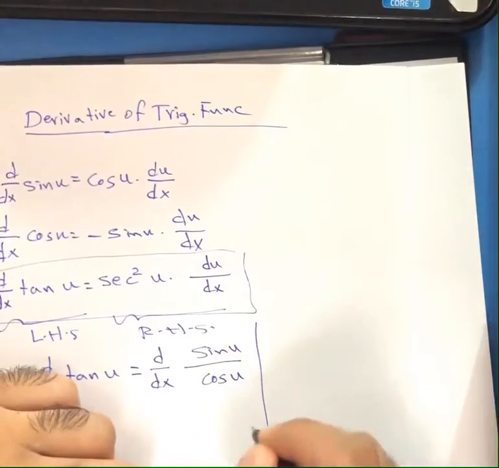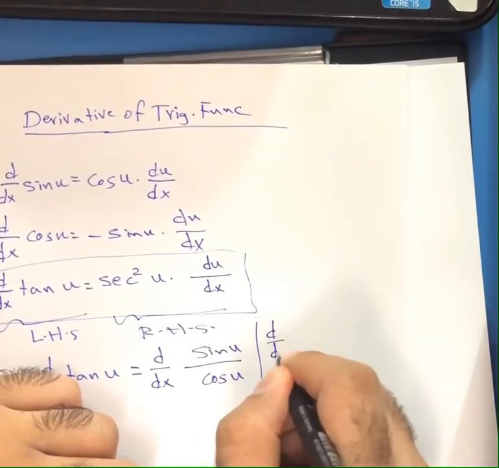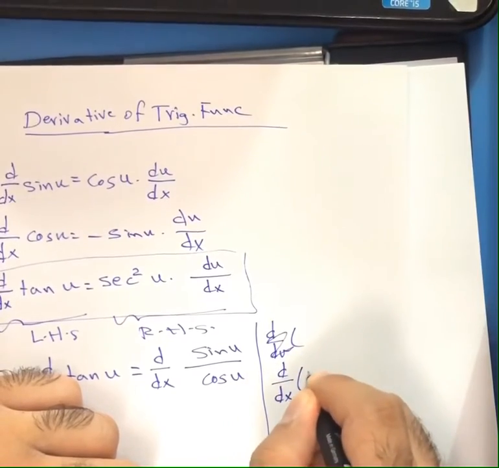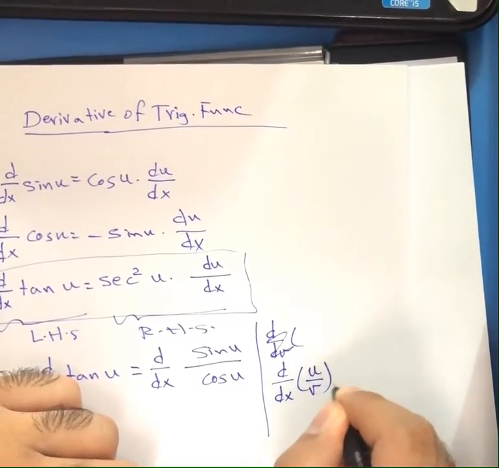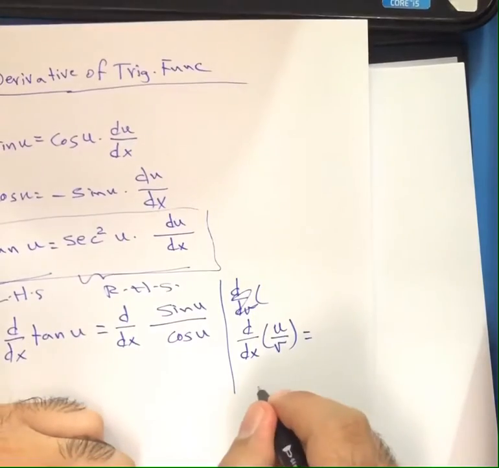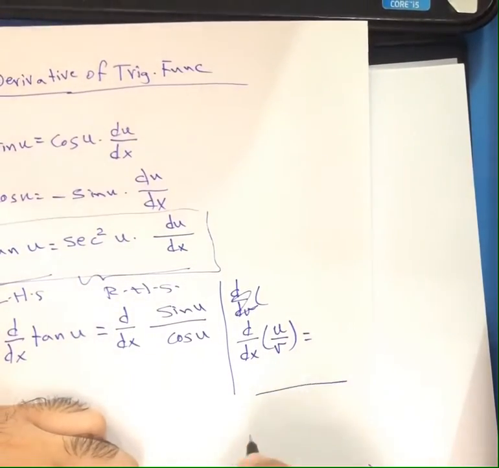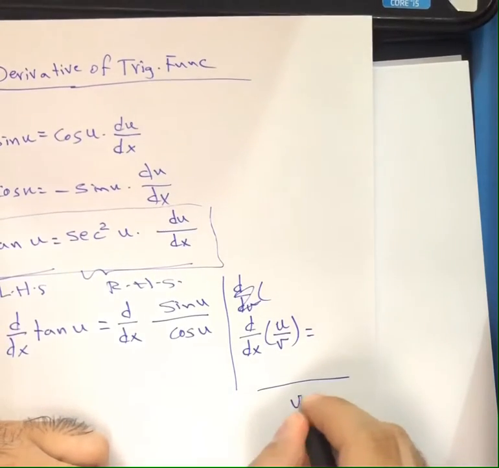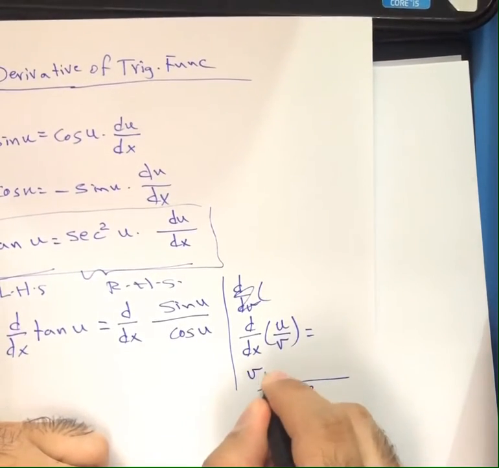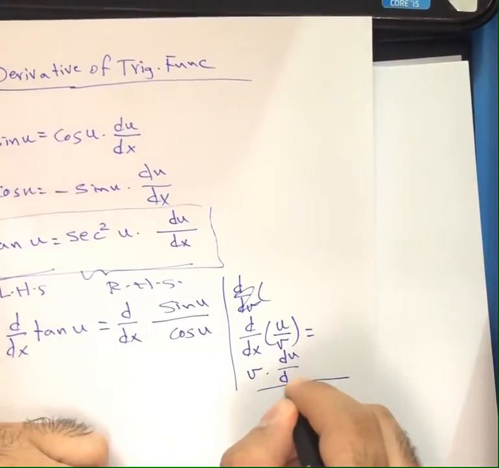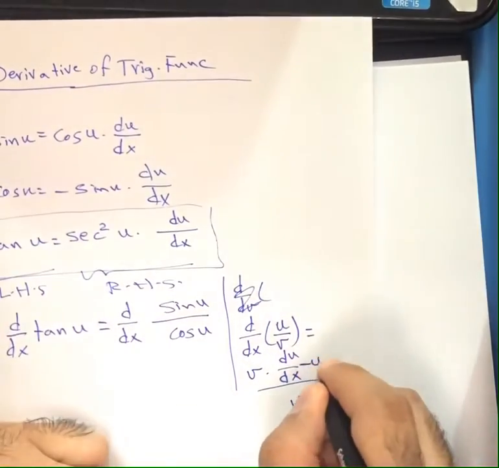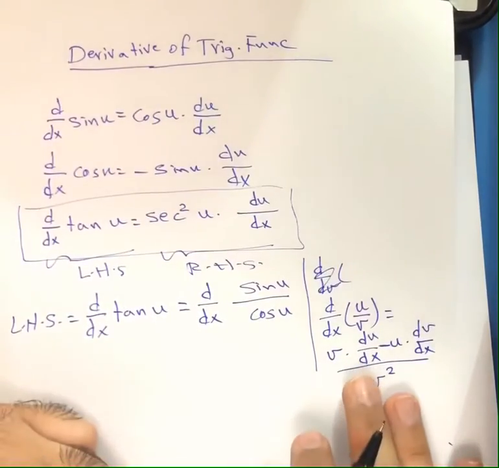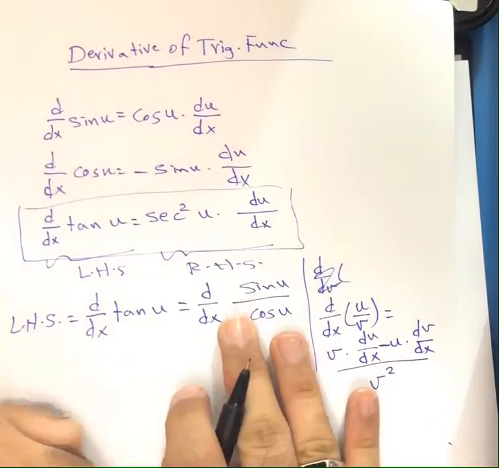Let me remind you that d by dx for u divided by v is equal to, I will write it here, the denominator v square, and here I will write v multiplied by du by dx minus u dv by dx. So let us apply this law to this.